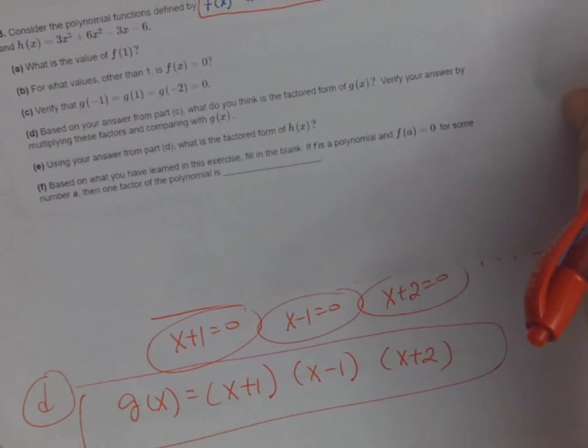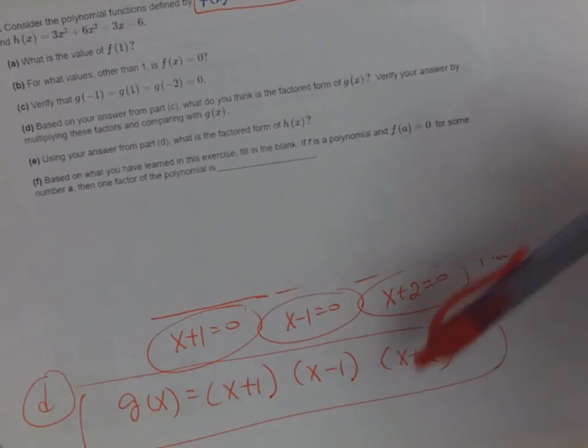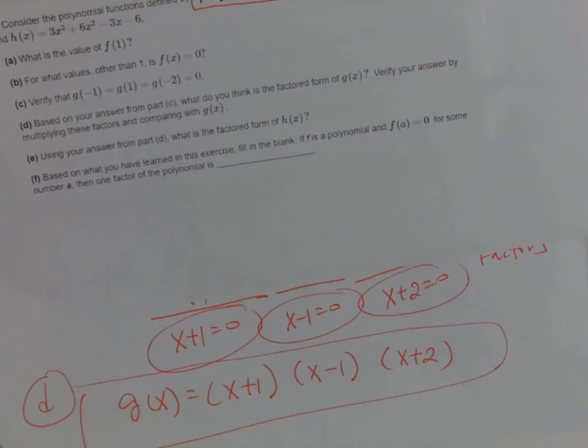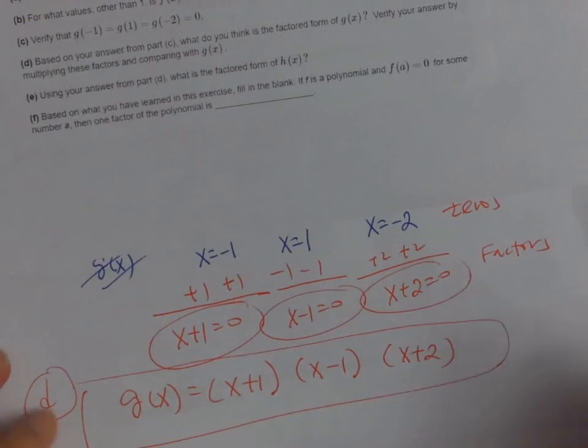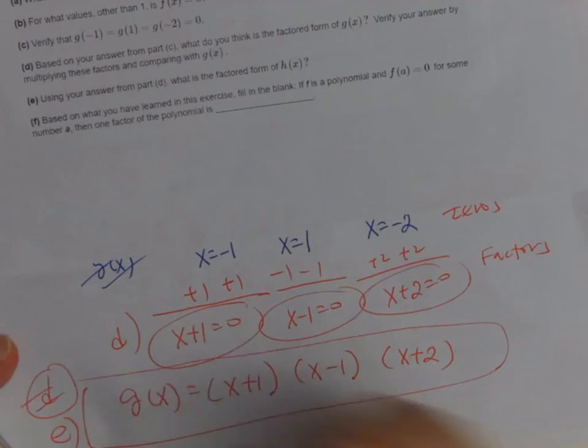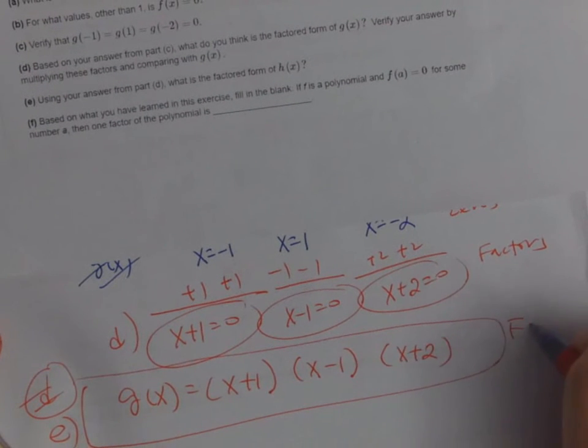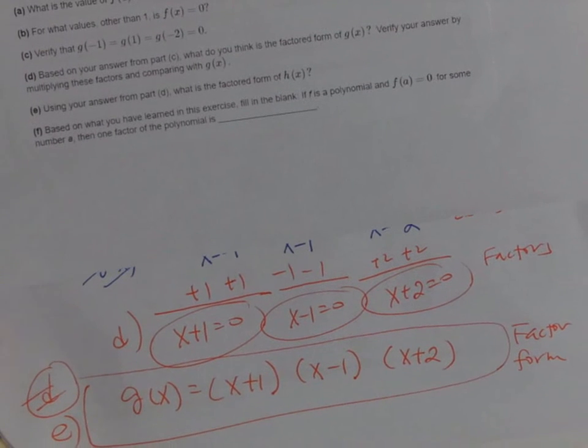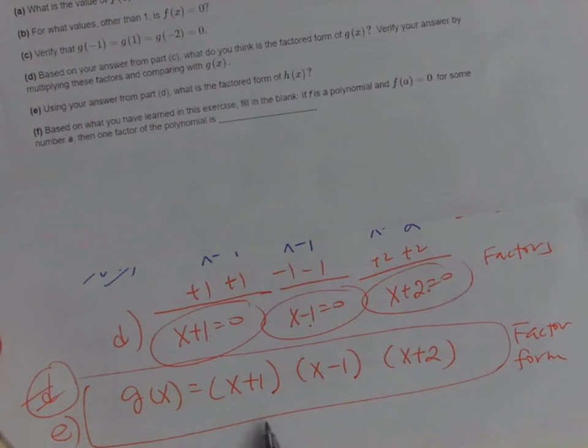So how about E? E say, using the answer from D, which is here, what is the... oh, I did that already, sorry. So these are the factors, and E say factor form. So this is the factor form for the g function. These are individual factors. If I multiply them together equal to g of x, that would be your factor form.